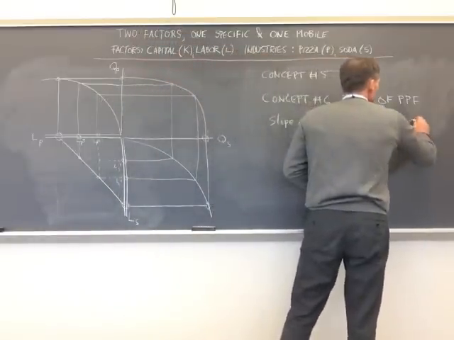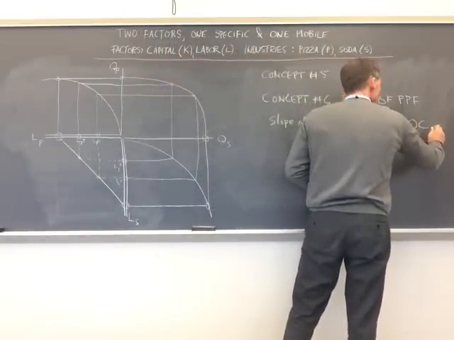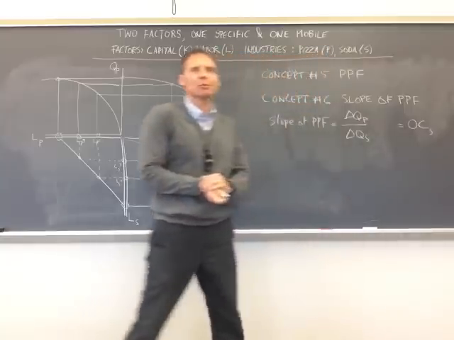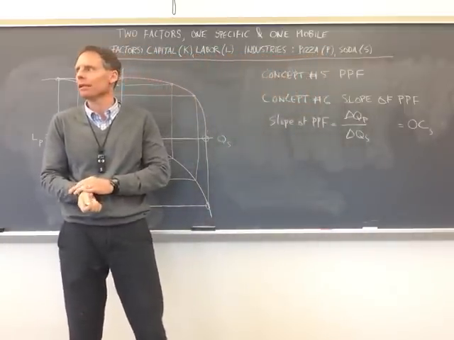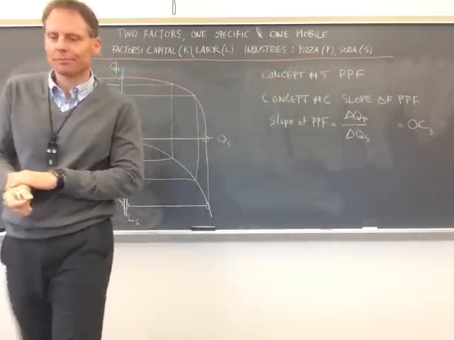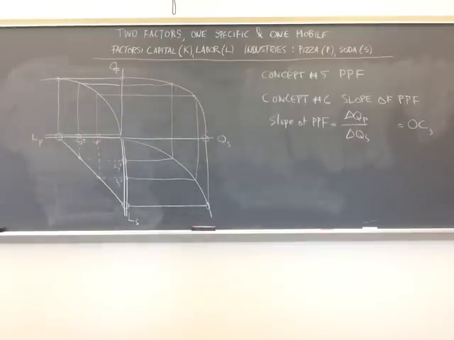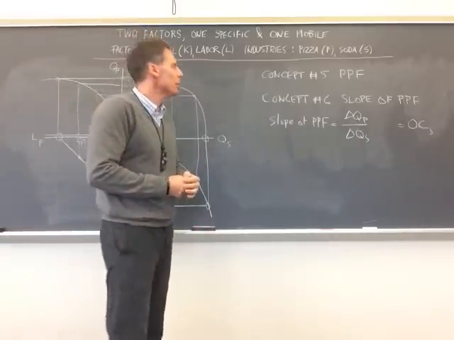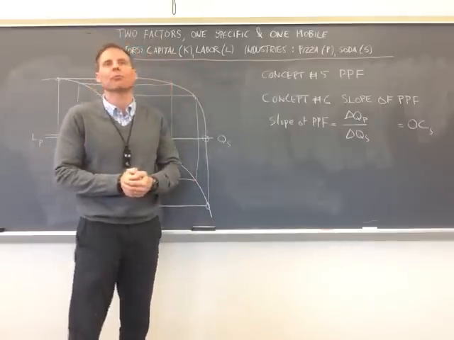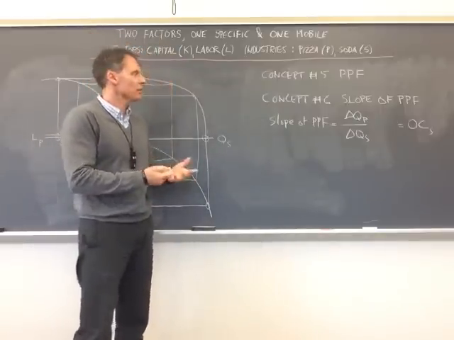We know this is going to be equal to the opportunity cost of soda, but let's think about it a little bit so we understand it a little bit better. All right, so opportunity cost is all about how many units of pizza do you have to give up to get one soda. So let's think about that.